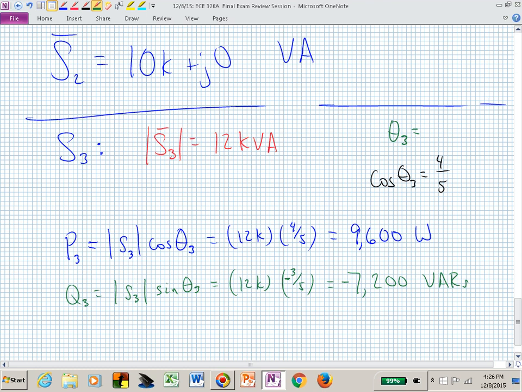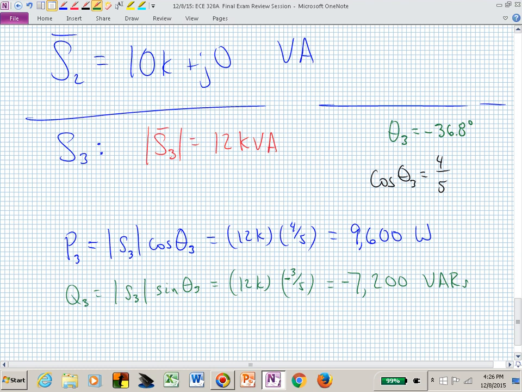Is this 37? 36.7, so this is minus 36.8 degrees or something like that. If we did the inverse cosine of 4/5, and since it's leading, we know it's a negative angle. So we assign that negative because it's leading. Okay?